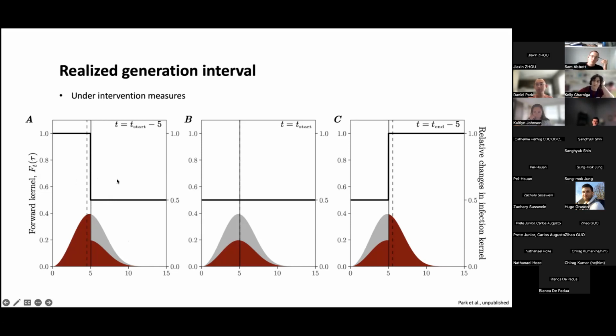On the other hand, if you're infected during an intervention period, let's say we're in a lockdown and then you were infected, then that's going to reduce the overall infectivity, your transmissibility throughout the course of infection, but it's not going to affect your generation interval because your infection is decreased equally throughout your course of infection.